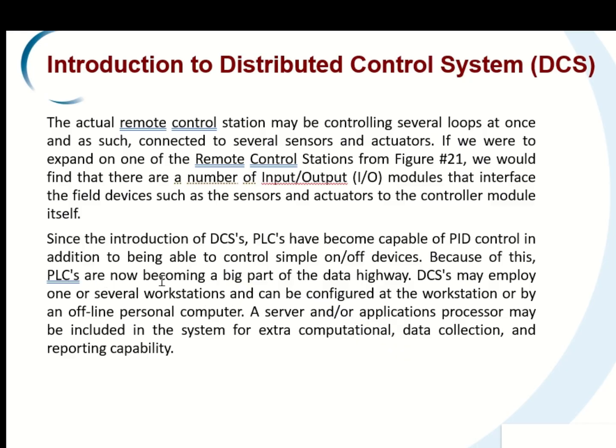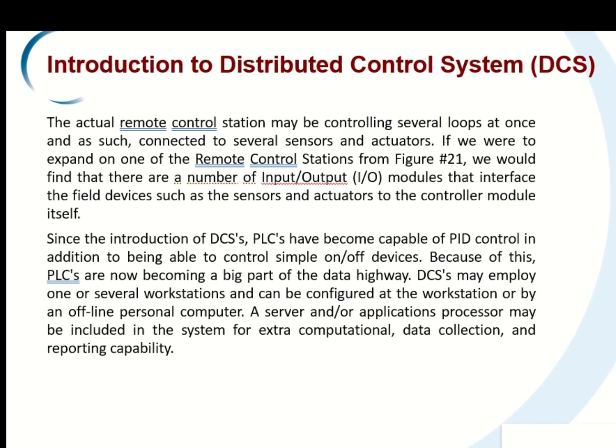Because these PLCs are now becoming a big part of the data highways, DCS may employ one of several workstations and can be configured at the workstation or by an offline personal computer. A server or an application process may include a system for extra computation, data collection, and reporting capability actually. So you can see remote control.